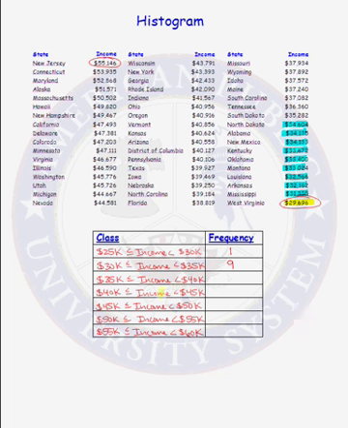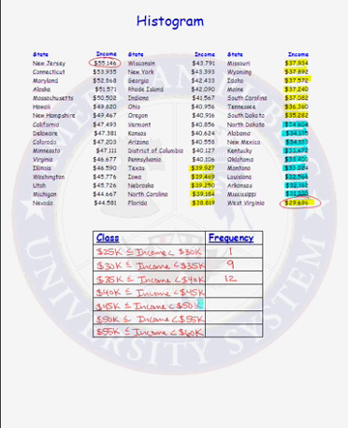How many states with income between $35,000 and $40,000? 1, 2, 3, 4, 5, 6, 7, 8, 9, 10, 11, 12 states.